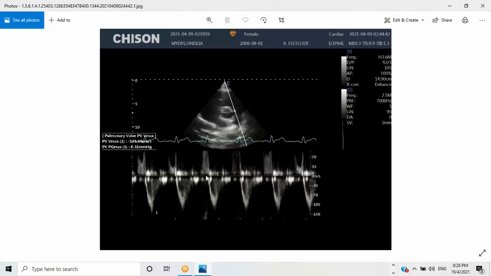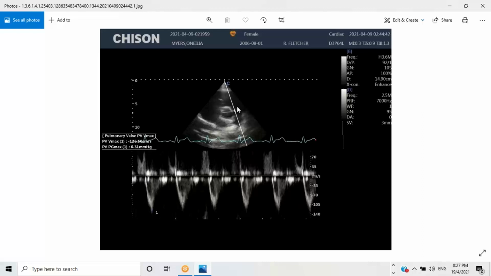So you get a systolic flow, which is below the baseline. That's telling you that the flow is moving away from the transducer. So the flow is moving from the right ventricular outflow tract across the pulmonary valve and into the pulmonary trunk. The flow is moving away from the transducer, hence it's below the baseline.